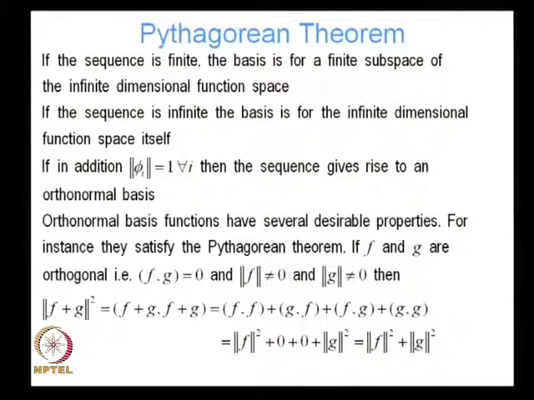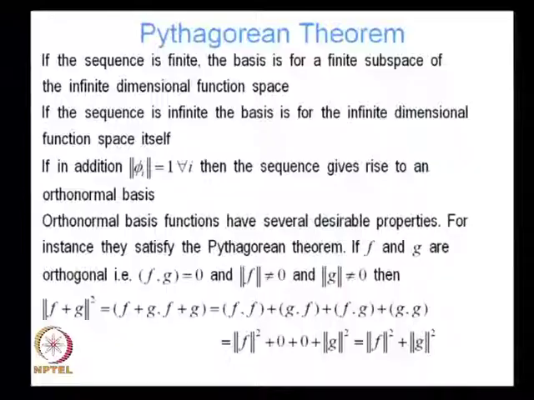So in case I have a finite dimensional function space, that is really a subspace of my infinite dimensional function space, and the basis of that finite dimensional function space is a subset of the basis functions of my infinite dimensional function space.